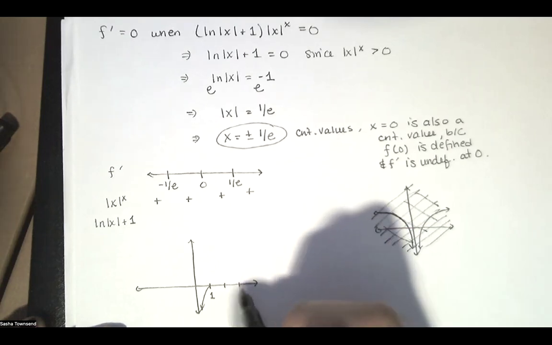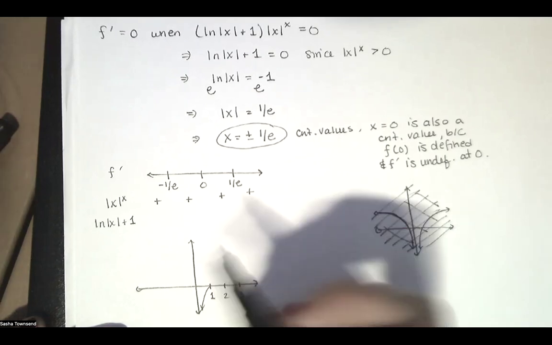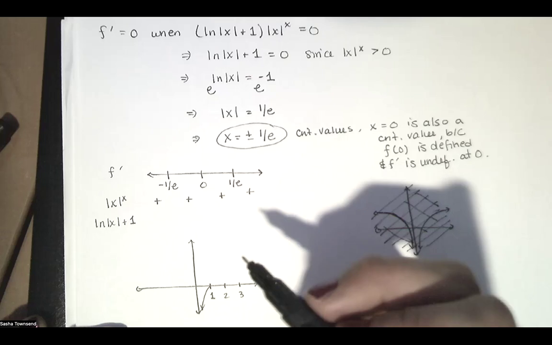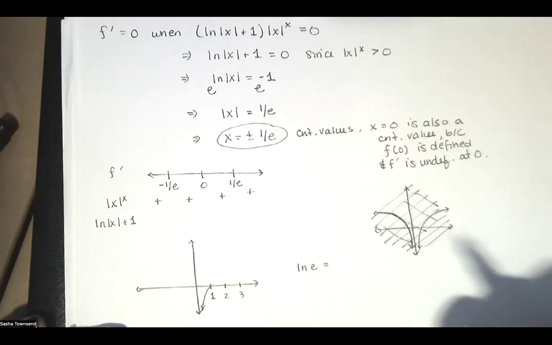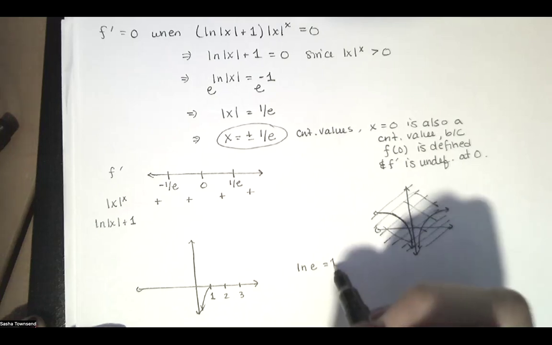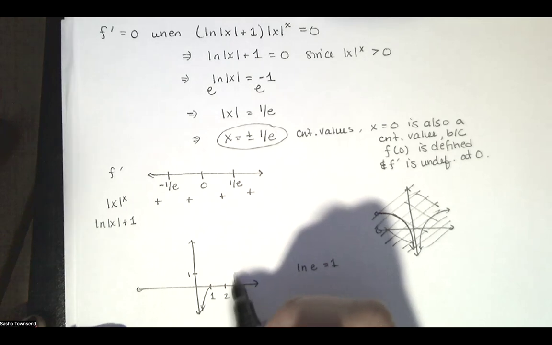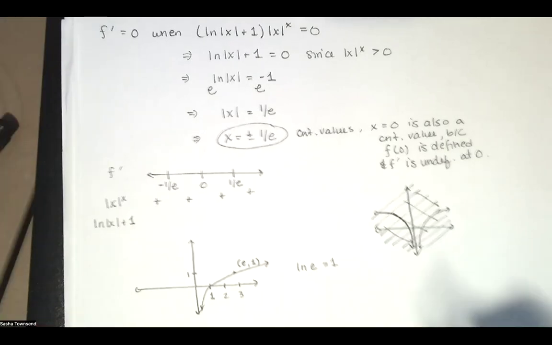When x equals e, that's about 2.7-ish, y is equal to 1, because the natural log of e is a question. You say e to what power is e? It's e to the first power.